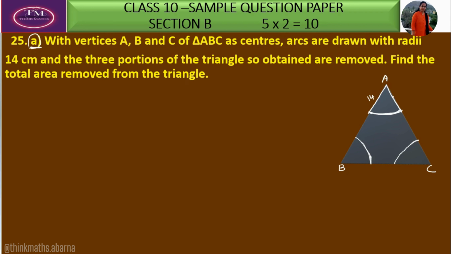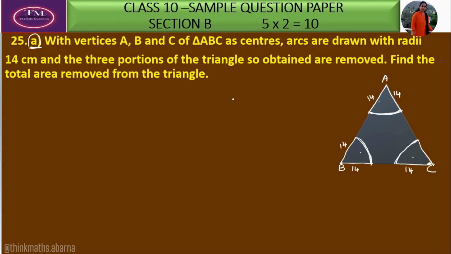So in the same way, from B as center with radius 14 centimeter, we are drawing an arc. In the same way, with C as center and radius 14 centimeter, we are drawing an arc. A portion is formed here at each corner. So this is nothing but area of sector.